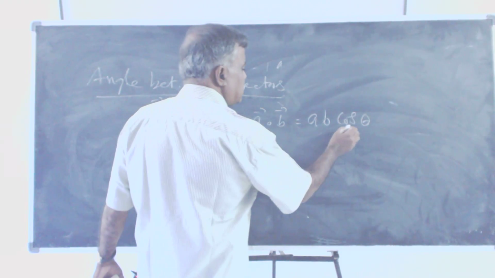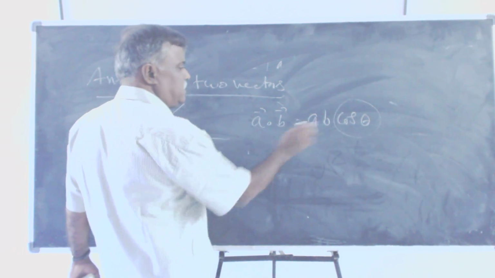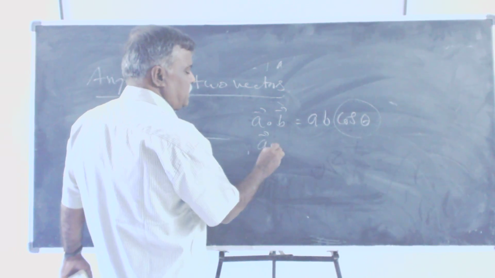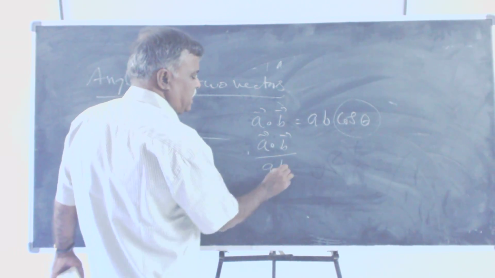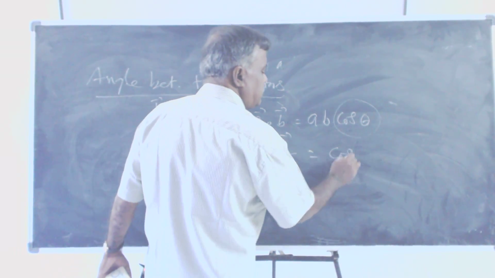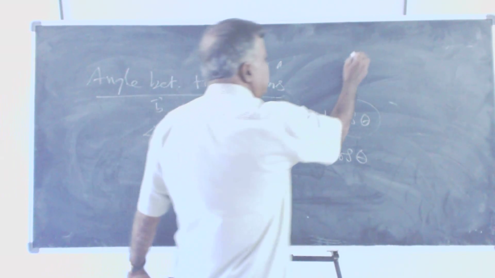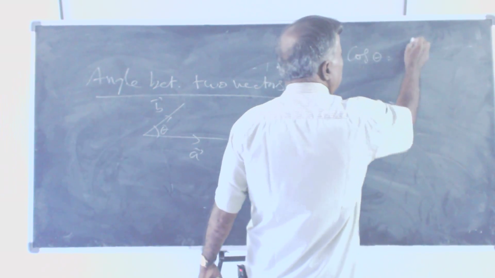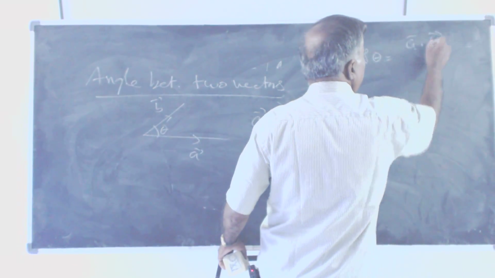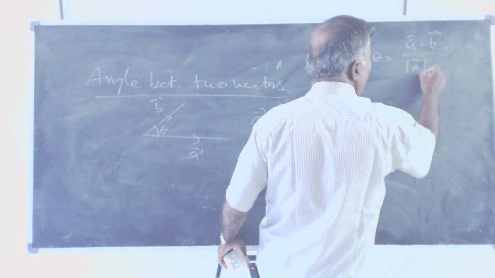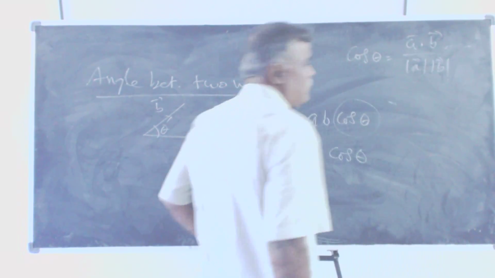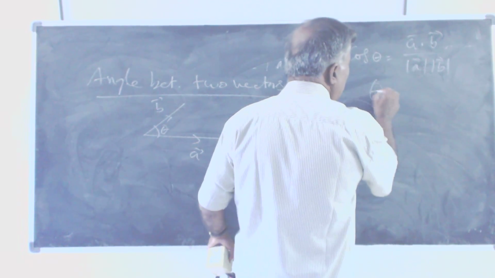Now look at this. Cos theta is this here itself. So a dot b divided by ab you will get. This is what cos theta. Or you can write cos theta equal to a dot b divided by mod a mod b. Therefore theta equal to what?